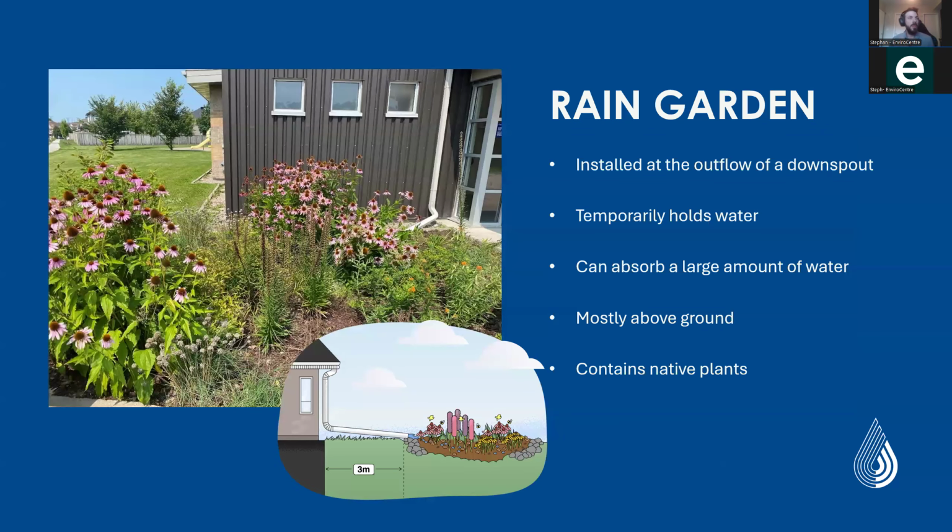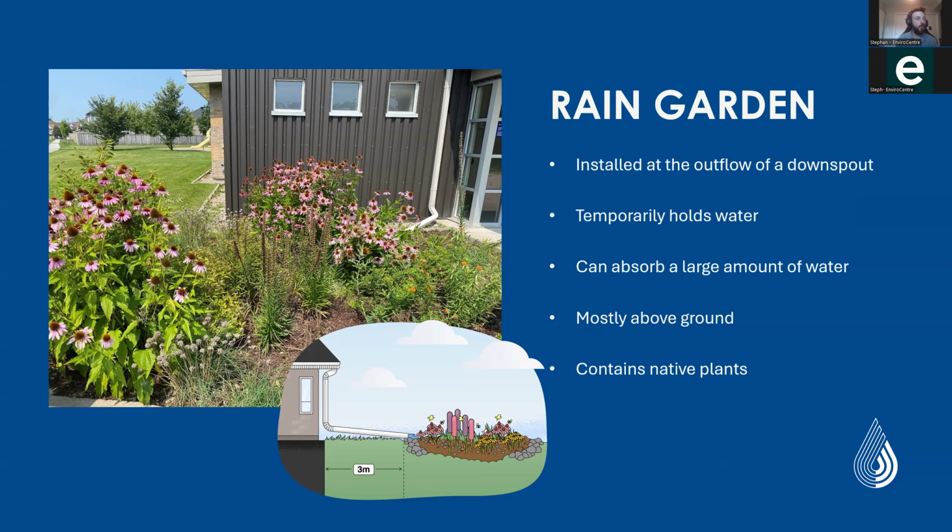So a rain garden is installed at the outflow of a downspout. It temporarily holds water. It can absorb a large amount of water. So in those huge rainfalls, it basically just holds onto that water temporarily and allows it to absorb into the ground. It's mostly above ground, which some people like. They like to see where the rain is going, where it's ending up.